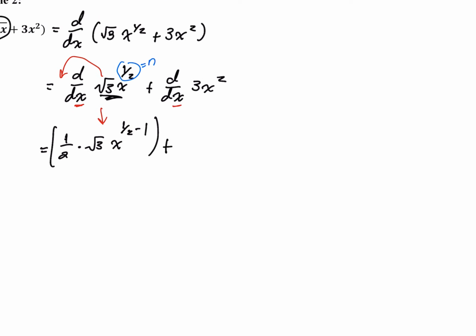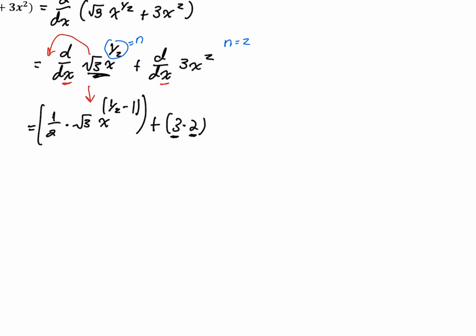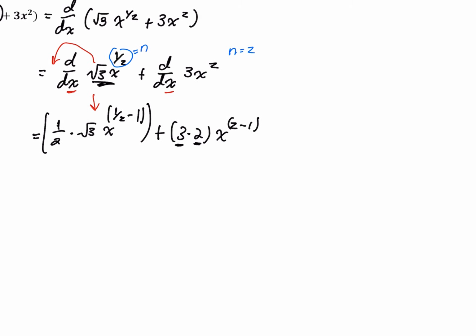And we know that is another simpler one, n equals 2. So we do 3 times 2, because 3 is our leading coefficient, and 2 is our n term, times x to the 2 minus 1. And then once again, we're just subtracting 1 in that exponent there.